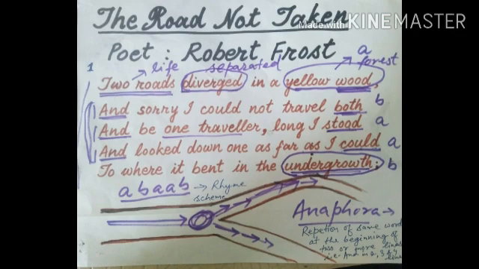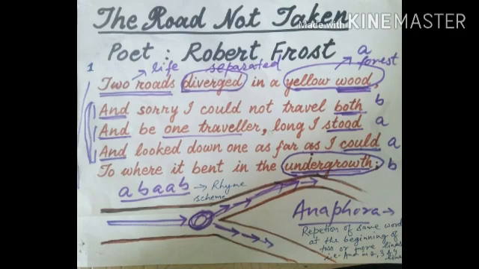Two roads diverged in a yellow wood, and sorry I could not travel both and be one traveler. Long I stood and looked down one as far as I could to where it bent in the undergrowth.